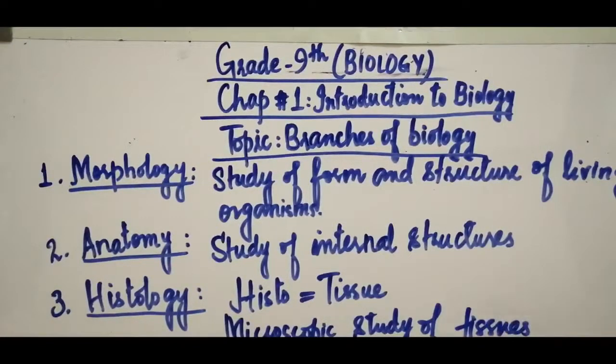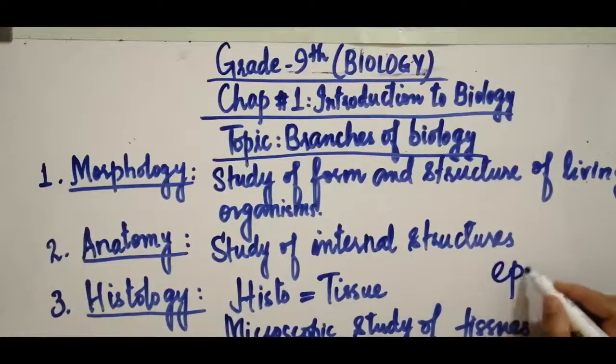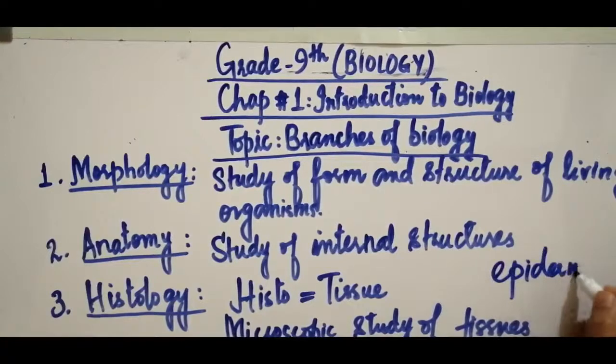histology. Some of the examples of histology, or some tissues which are present in plants as well as in animals, are, for example, epidermal tissues in plants, which form the outer surface of the plant body.